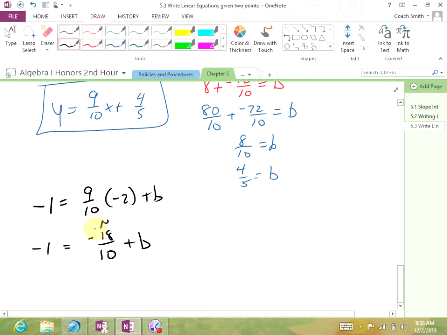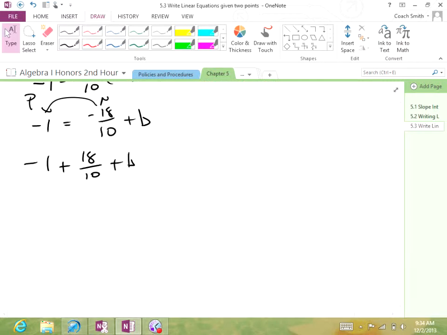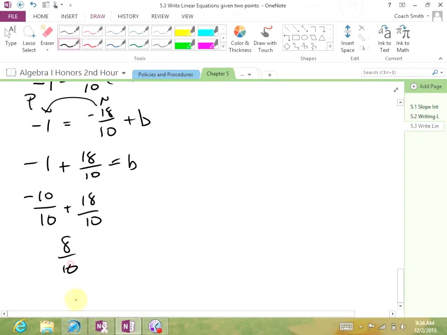Here it's a negative, so here it becomes a positive. So that gives me -1 is plus 18/10 plus b, or excuse me, equals b. And so that is -10/10 plus 18/10, which gives me positive 8/10, which is 4/5. So that's how it would have worked if you did it that way.